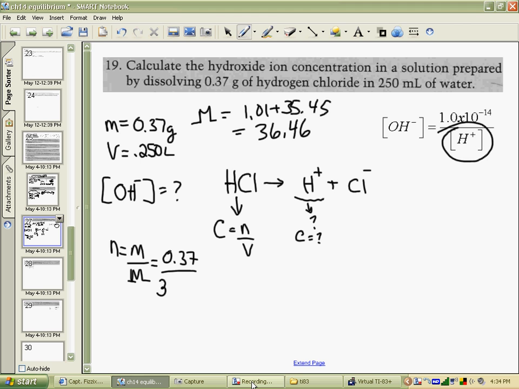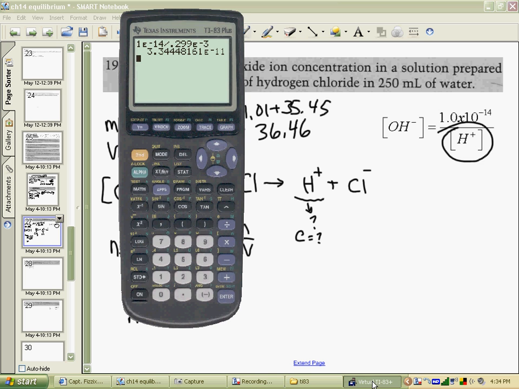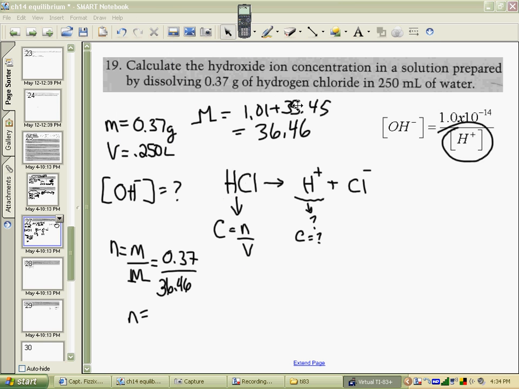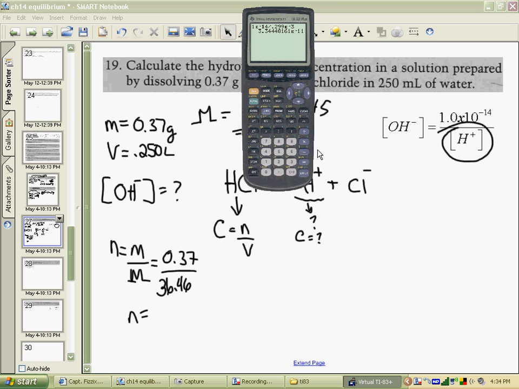And so our number of moles, we'll switch back to our calculator. 0.37 divided by 36.46 gives us 0.0101 moles.